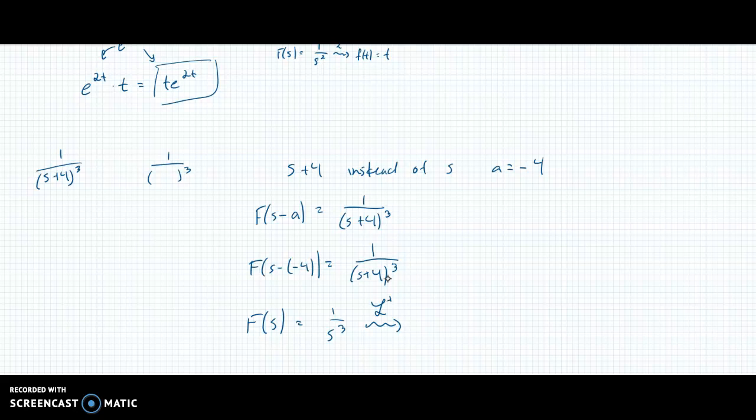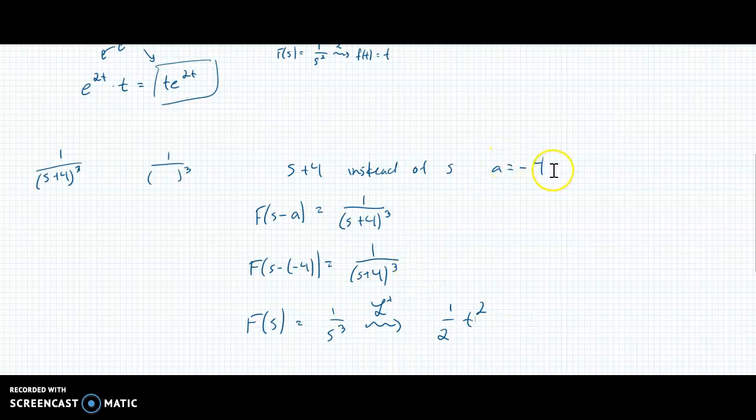That would inverse Laplace to 1/2 t squared. Why is that? Because the half balances out the 2 factorial that I would get. I always back the power up by 1 to go from the s's to the power.